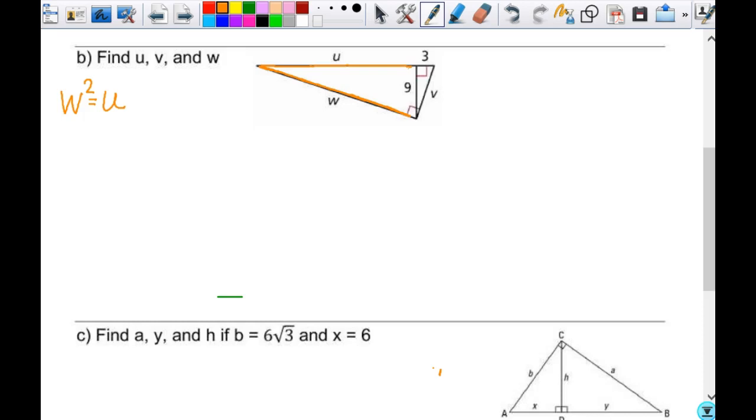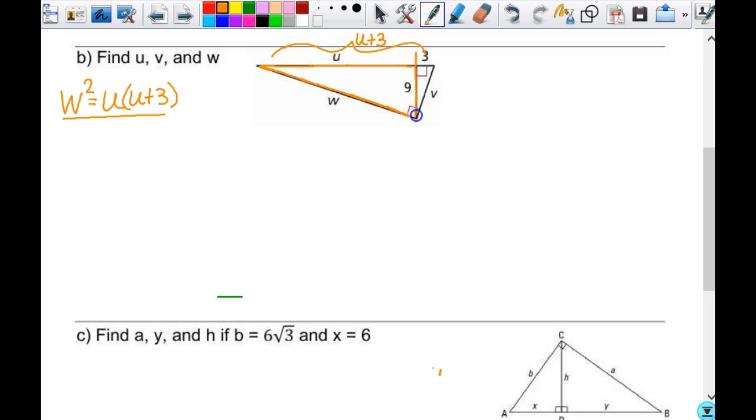Is it 3 times U or 3 plus U? Plus, because you're adding them to get the whole thing. Actually, I'm going to do U plus 3. It doesn't matter, U plus 3 or 3 plus U. And when I write it down, because I have to multiply U times U plus 3, what do I have to make sure I do? Parentheses. So it's U times (U plus 3). And then I stop right here. I'm going to pause, then move on and look at the altitude.